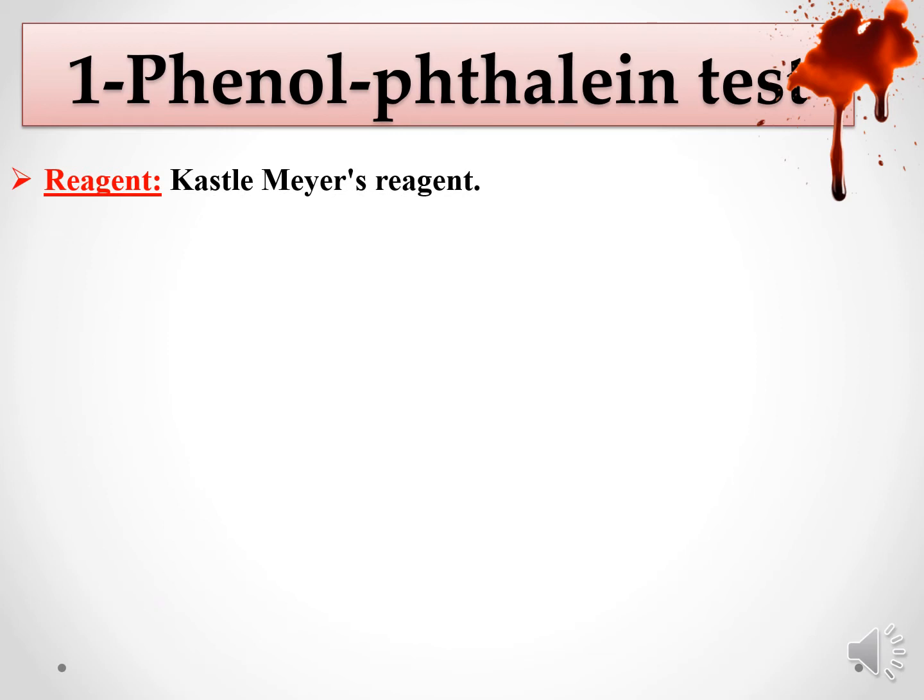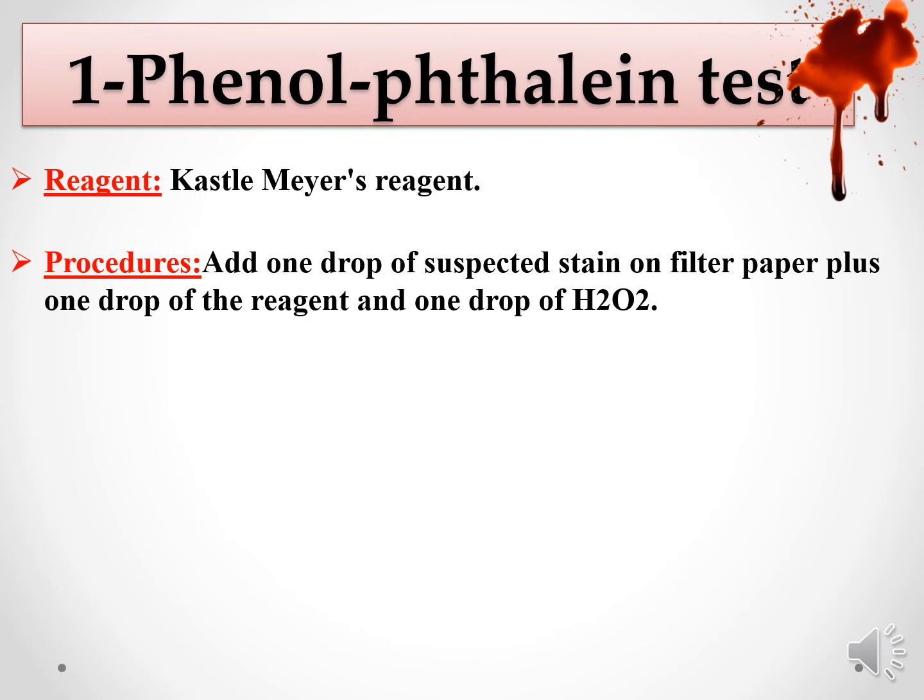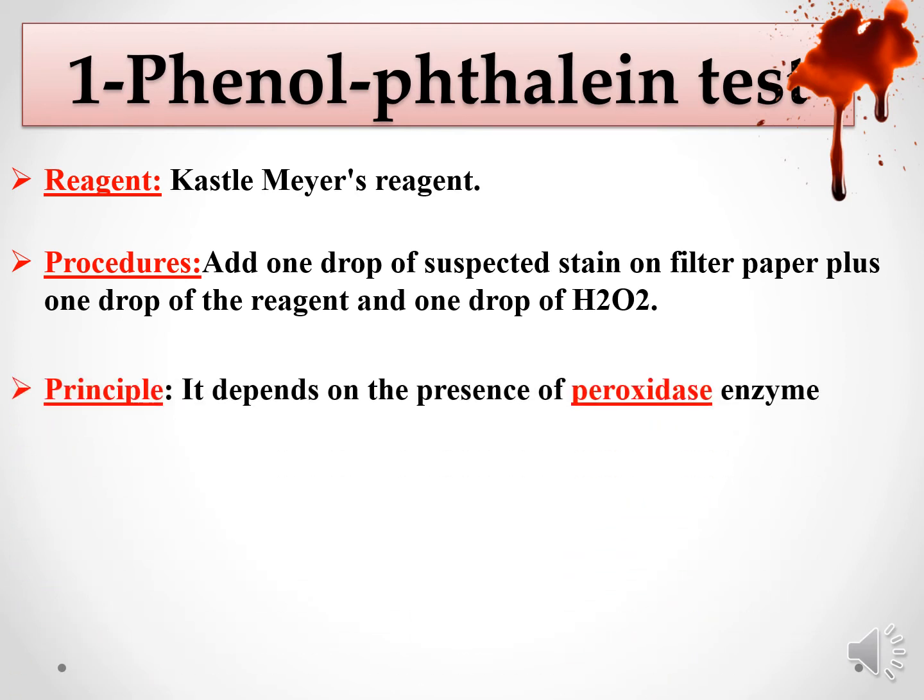Phenolphthalein reagent, Cassel-Myers reagent. Procedures: add 1 drop of suspected stain on filter paper plus 1 drop of the reagent and 1 drop of hydrogen peroxide, H2O2. Principle: it is one of the screening tests, so it depends on the presence of peroxidase enzyme.